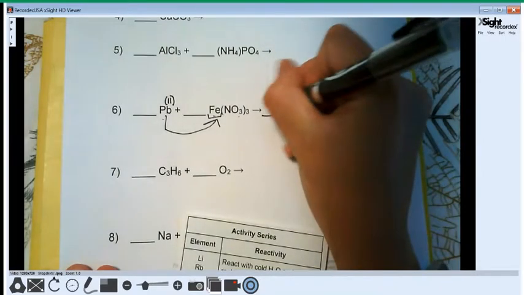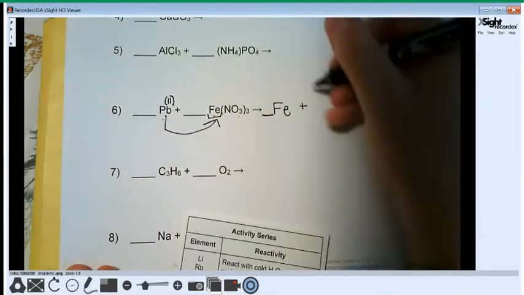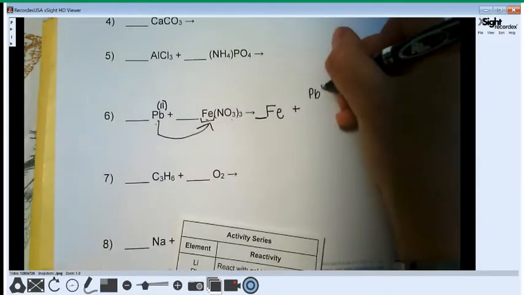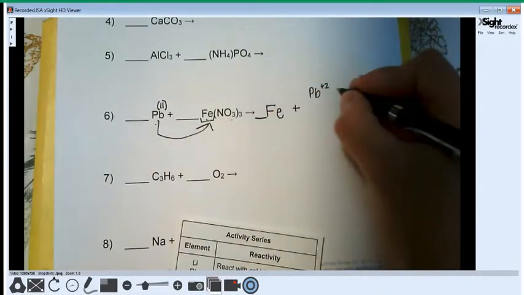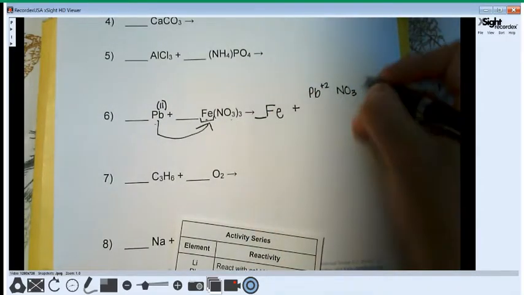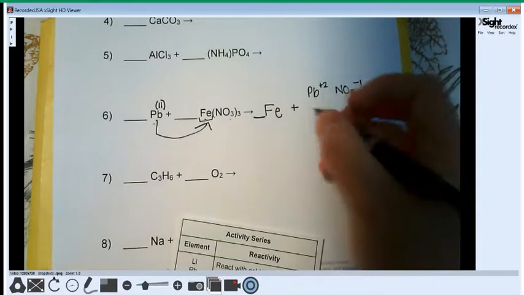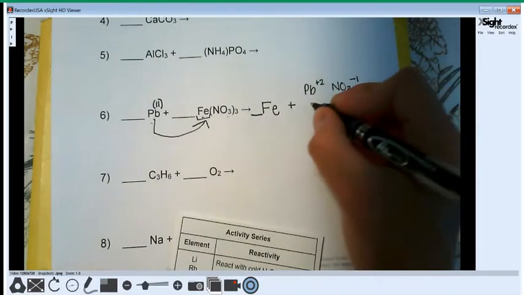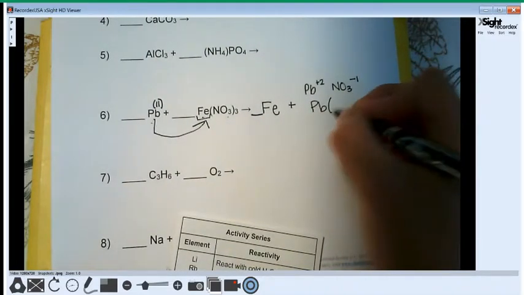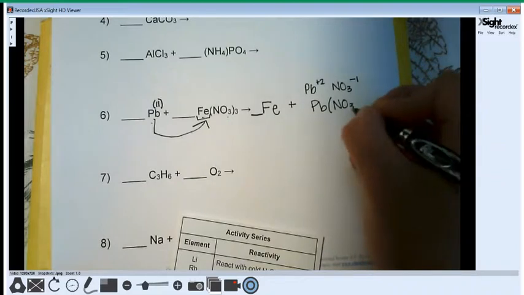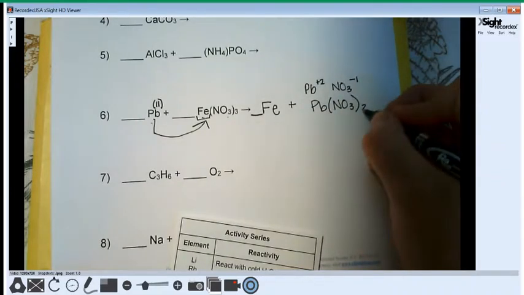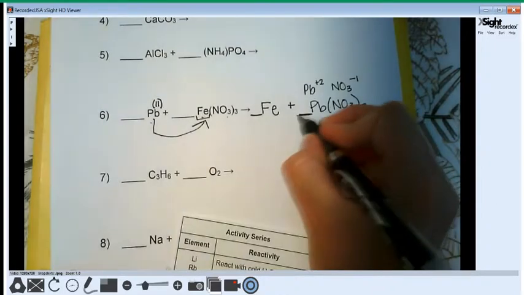And then our other product is going to be lead 2, so Pb with a +2 charge, crisscrossed with NO3. And NO3, of course, has a -1 charge. So when we crisscross that, we get Pb, and then NO3 is in parentheses because we have 2 of those, so the 2 goes outside the parentheses. And I'll put my line for balance.